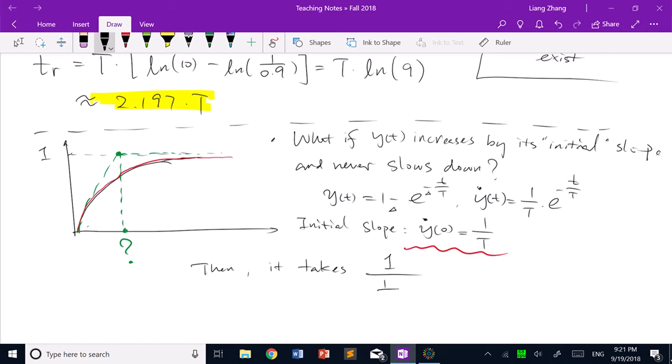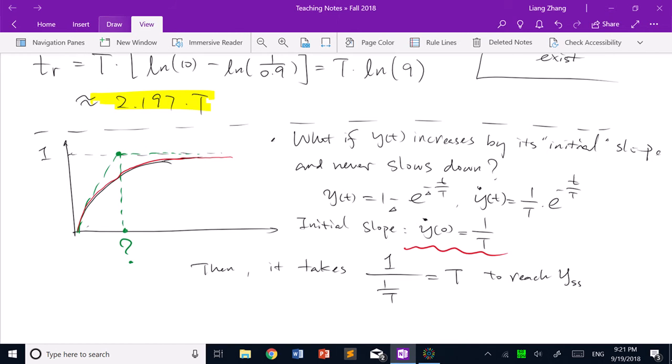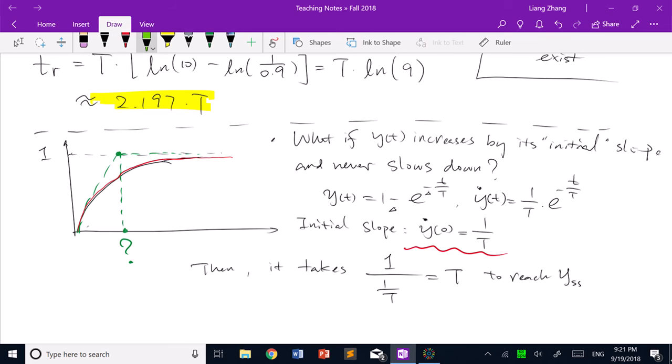Your target is 1, our speed is 1 over T, so 1 divided by 1 over T is T to reach your steady state, which is 1 in this case. Now we don't need this question mark anymore. You can simply say, I figured it out, it's going to be capital T. And this is, again, your time constant.